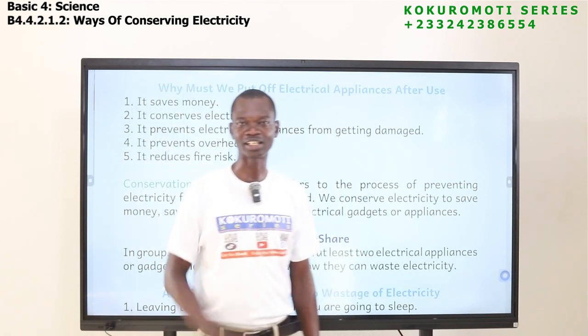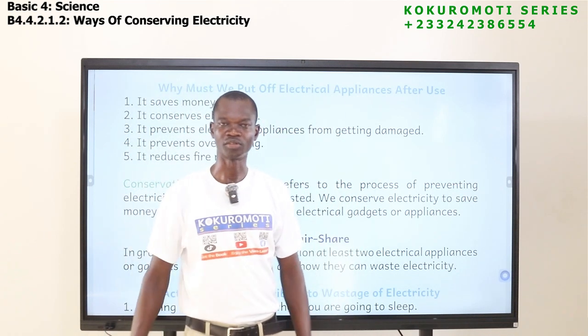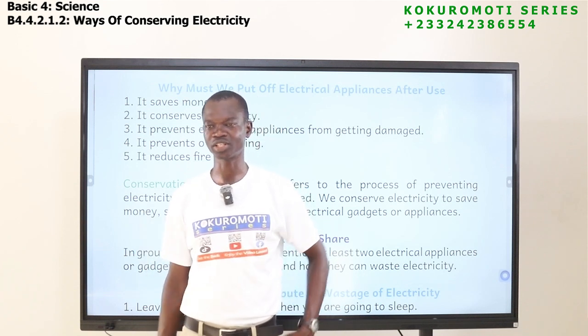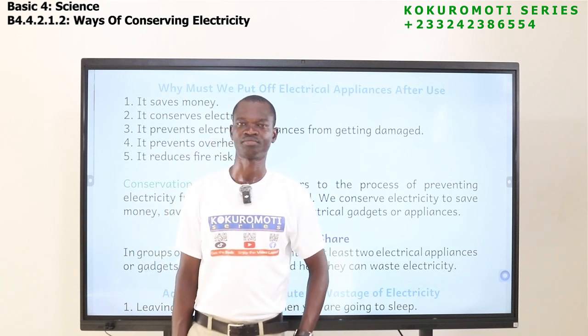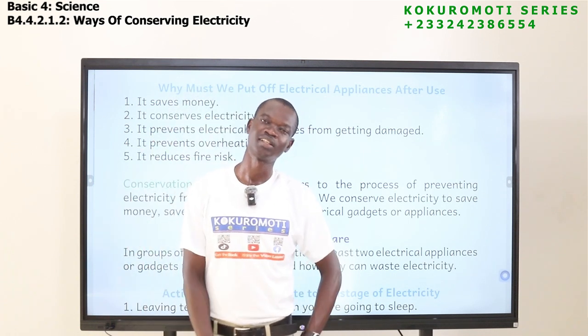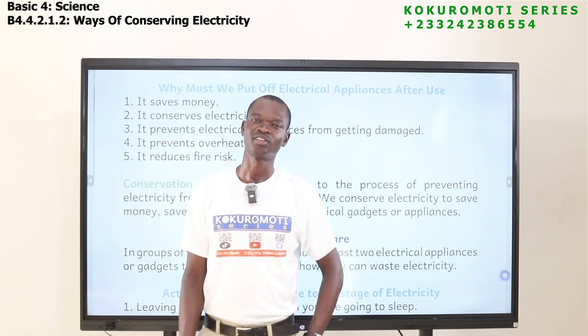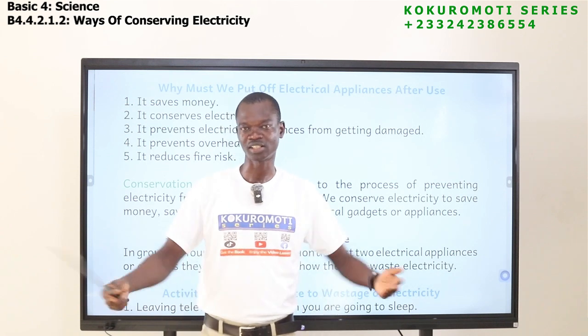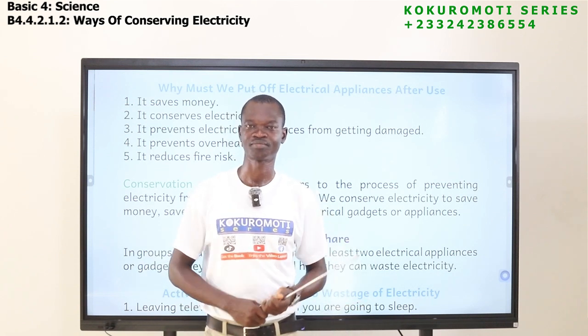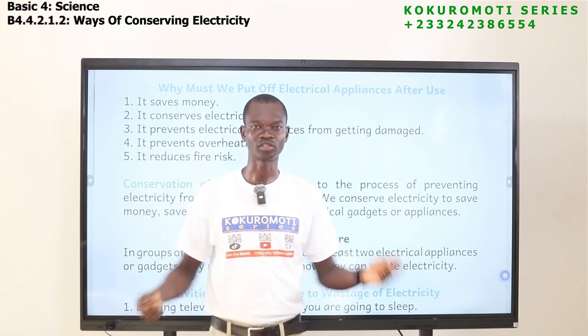Okay. The third is it prevents electrical appliances from getting damaged. So just imagine that you are going to school, you leave your electric iron on, and you go to school. What do you think will be happening? The electric iron will become so hot, and overheating can cause it to what? To not function again. The fan, you leave it on.